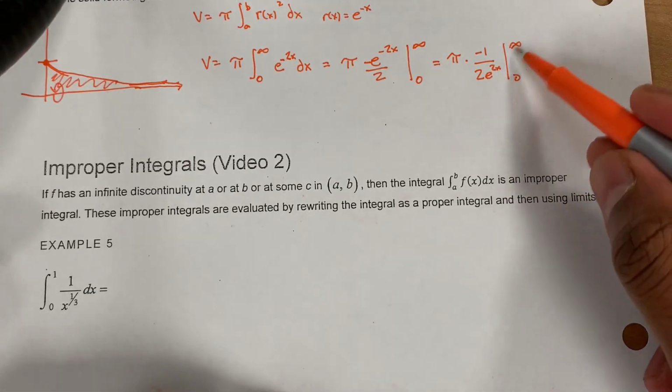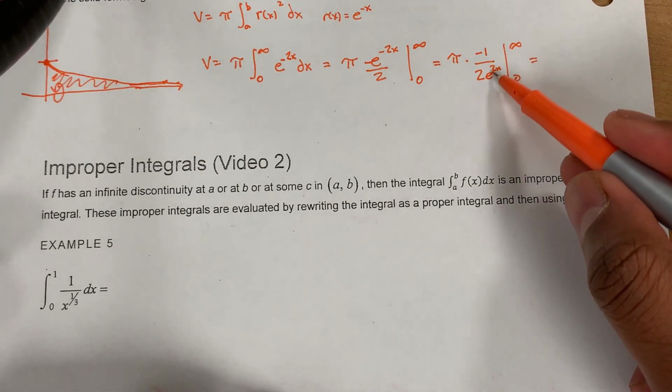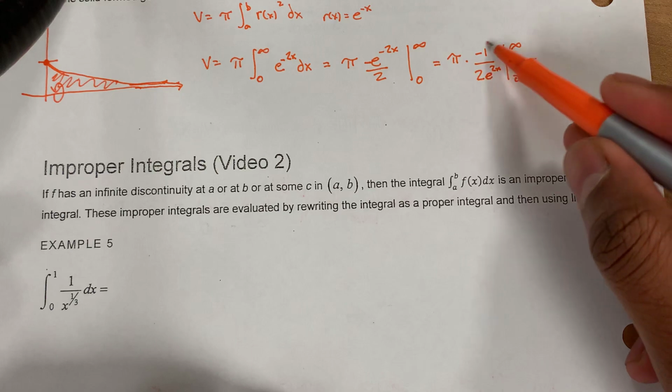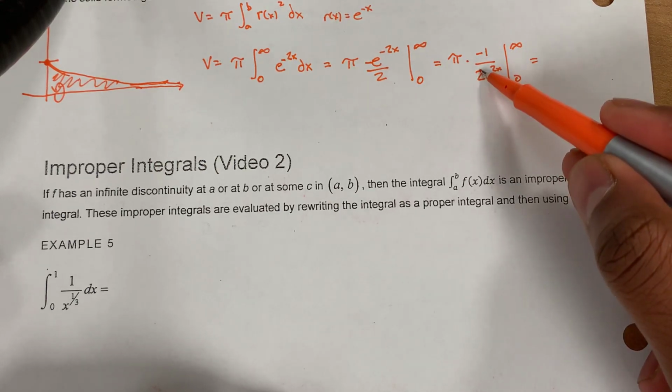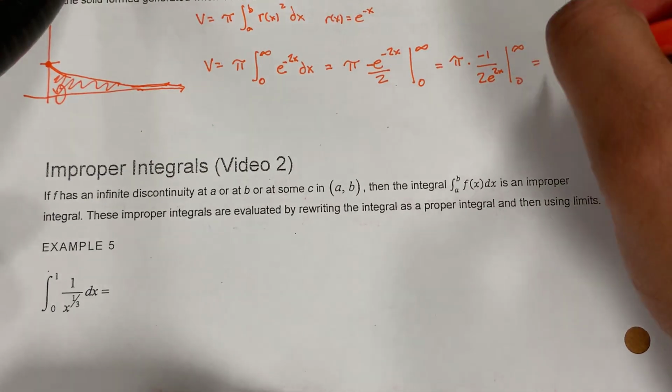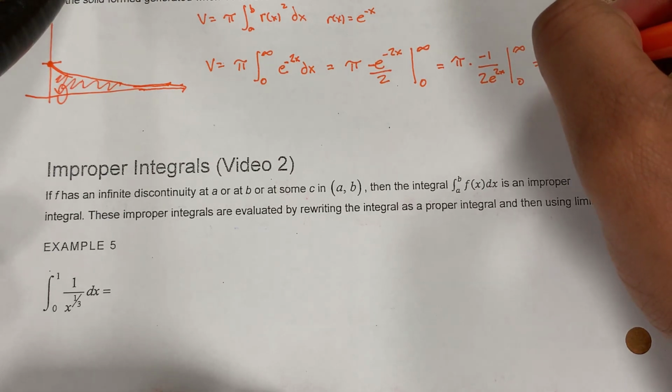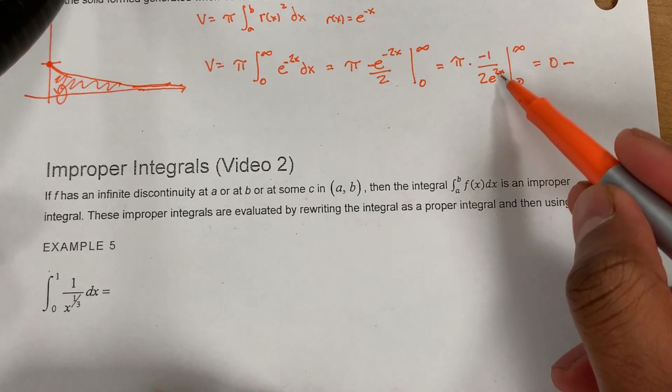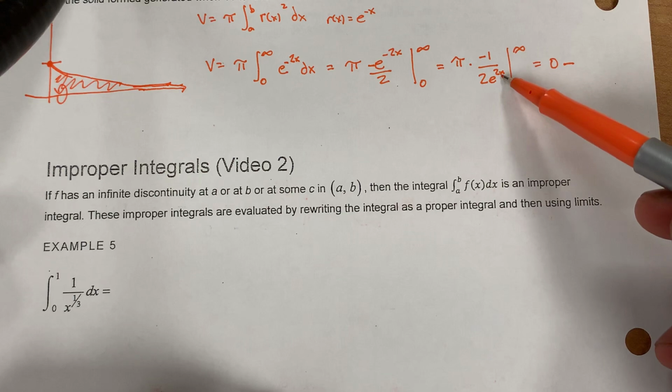And so when x goes to infinity, the first part of this is going to converge to 0. And so 0 times pi is going to be 0. So we get 0, and then minus what we get when we substitute in 0. If you substitute in 0 for x, this is going to turn into a 1.